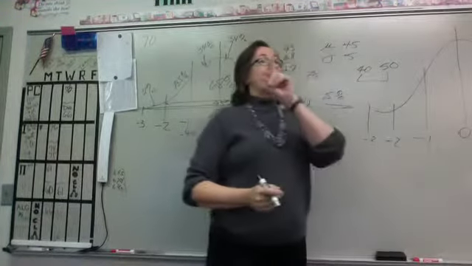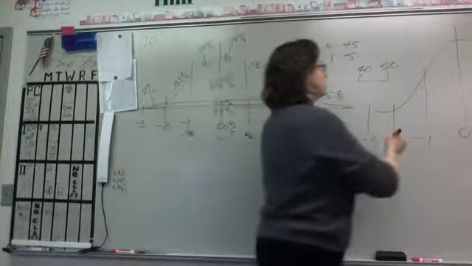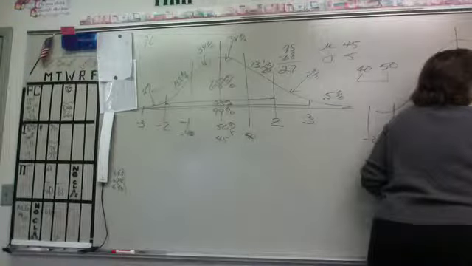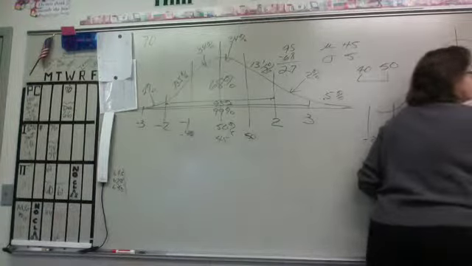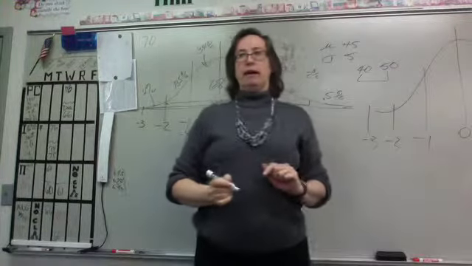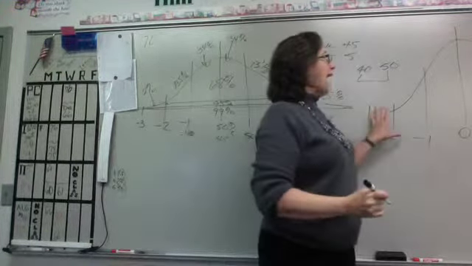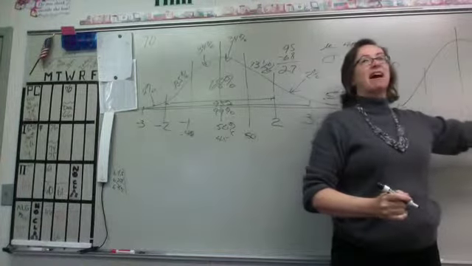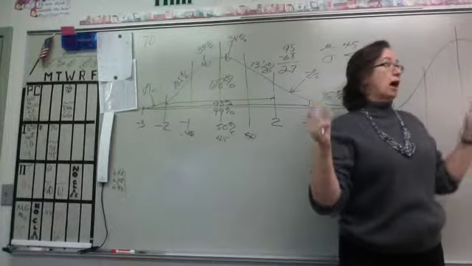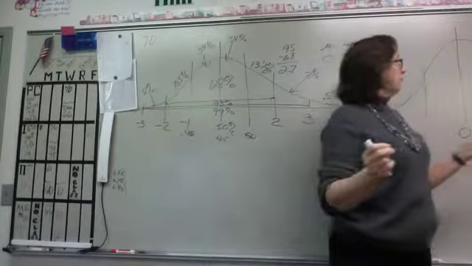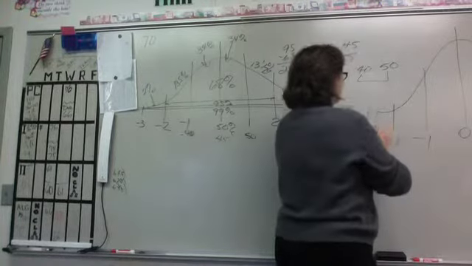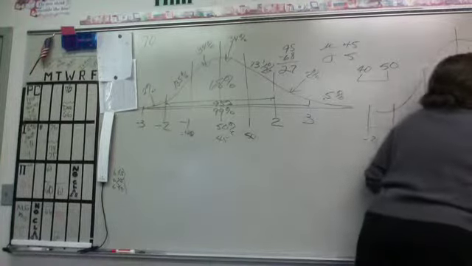Okay? That means that she is at the 2.1 mark over here on the z-score. Okay? That means at what percentile is she approximately? Well, remember the 99 goes from here to here, right?